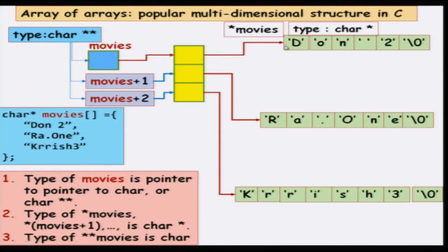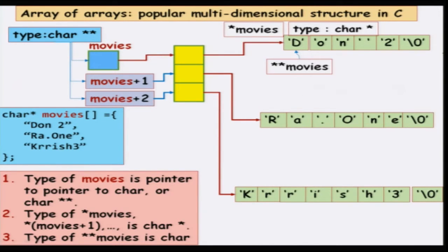So, in particular star movies will be this array, it is pointing to this array. So, star star movies will be, according to the general formula, star of star of movies plus 0 plus 0. Okay. So, this will be the pointer arithmetic version of accessing this cell which contains D.